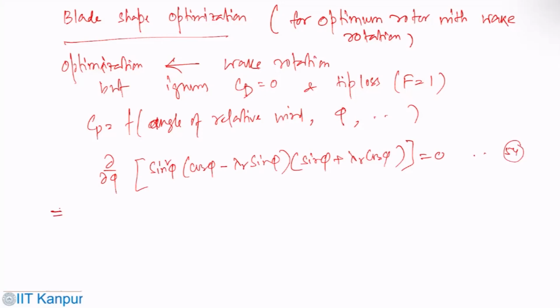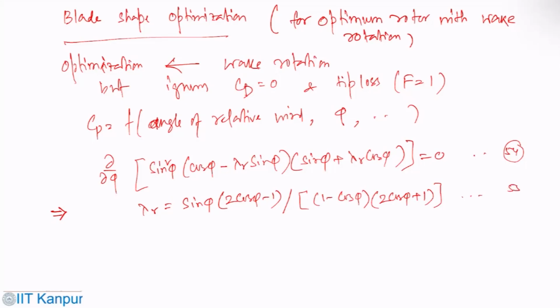So this yields that lambda r equals sine phi (2 cos phi minus 1) divided by (1 minus cos phi)(2 cos phi plus 1). This is what you get.